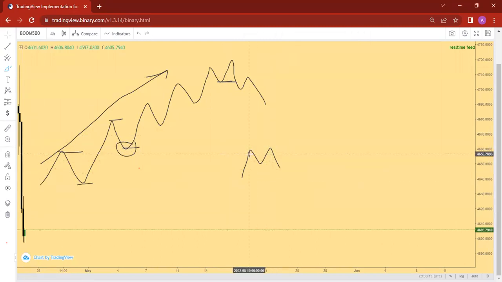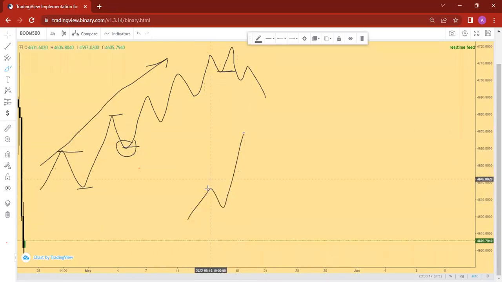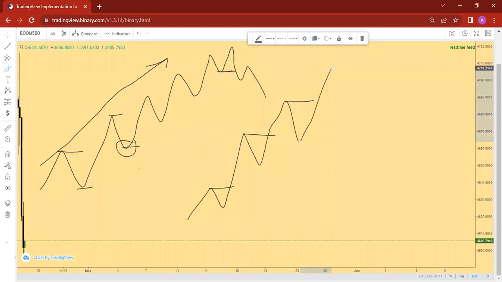Now on an uptrend, we want to make sure that price keeps breaking the previous high. It breaks this high, it goes down, it breaks this high again, it goes up, and then it breaks the high and keeps going up. But then when we see price failing to break the previous high, we start seeing some rejections like this, like this, like this. It's a potential sign that the trend might reverse.